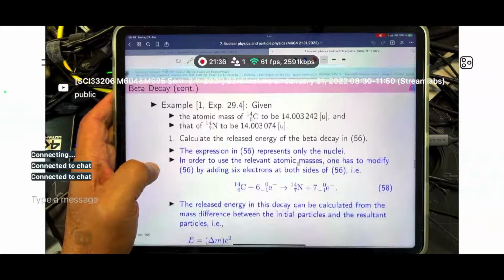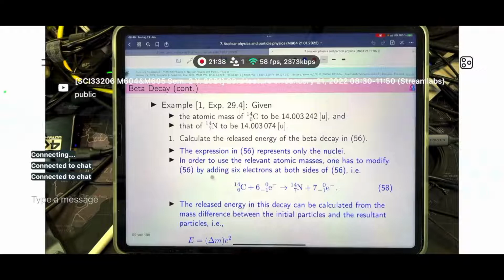And yes, of course, we are going to consider the released energy. So the one that we could see is the excess mass, the mass that is greater than the input side.